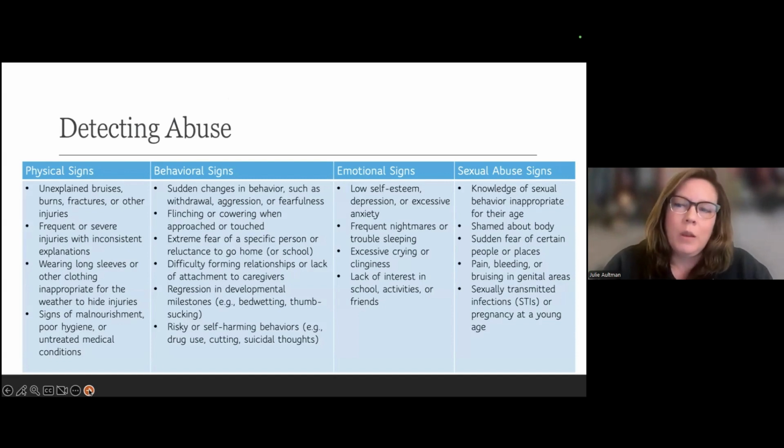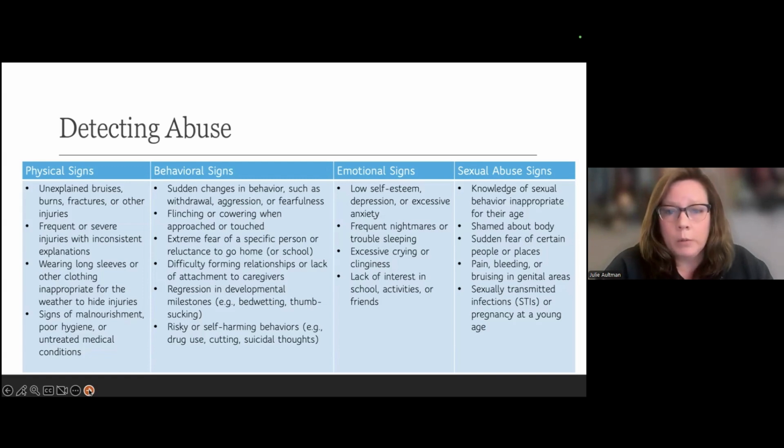And so we outlined, and this list may not be exhaustive, the physical, behavioral, emotional, and sexual abuse signs that we've seen throughout the literature, and in the legal cases and ethics cases. By no means is this an exhaustive list, and I am sure in some of your own experiences, you're seeing a lot more.